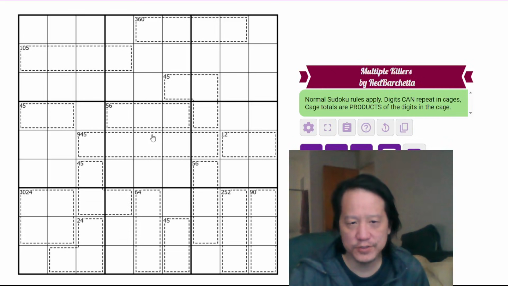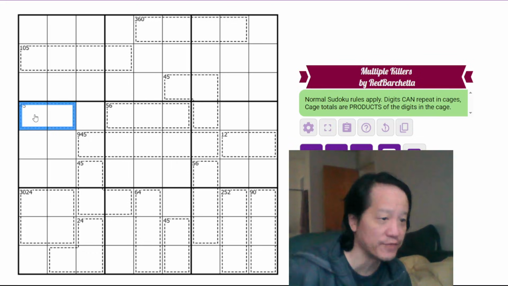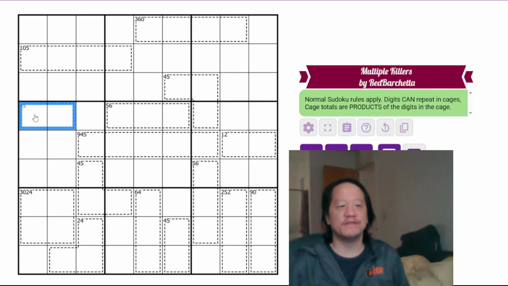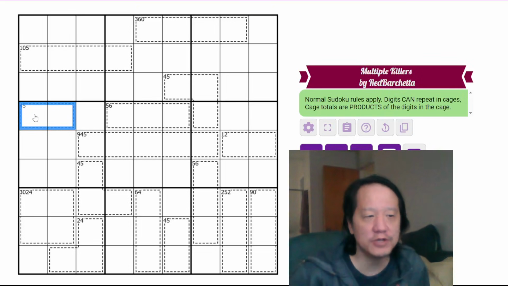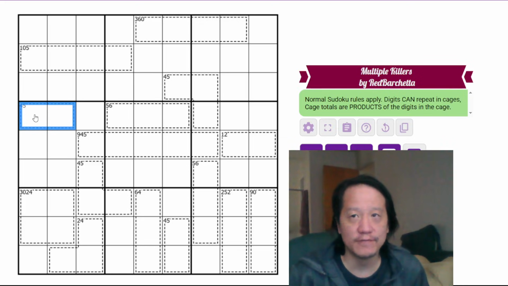Okay, first things first. For 2 digits to multiply to 45, it has to be 5 and 9. The only other possibility would have been 3 and 15, which obviously does not work because 15 is not a digit. I guess you could have 1 and 45, but again, 45 is not a digit either.